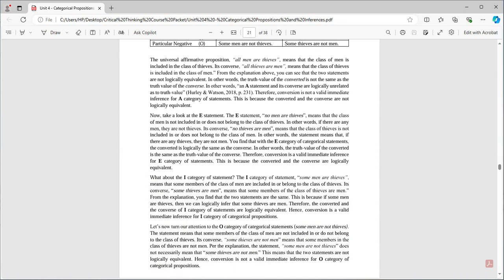Then we have the particular affirmative proposition. Some men are thieves. If we swap the positions, some thieves are men. Are they the same?